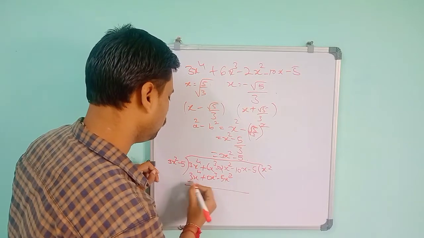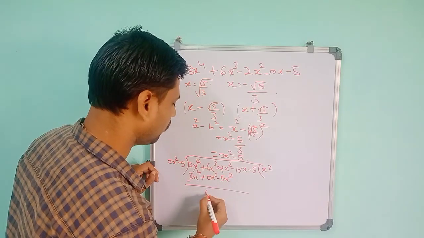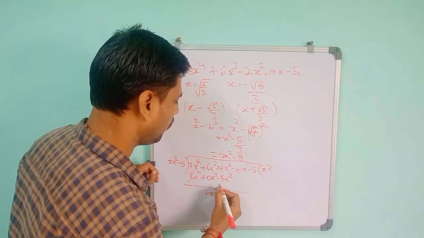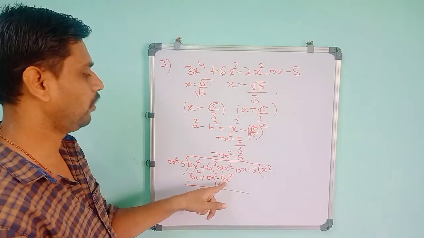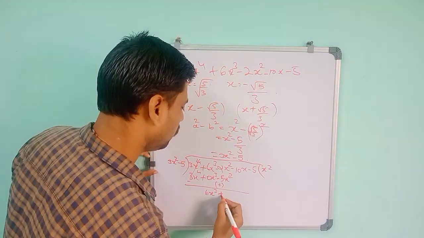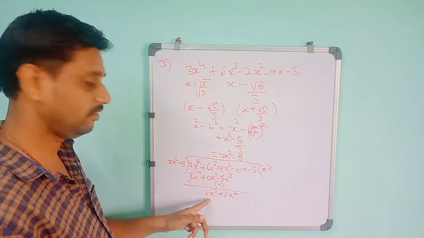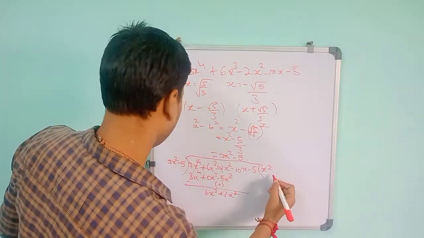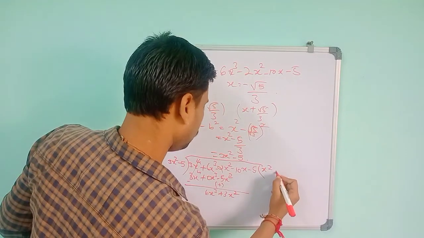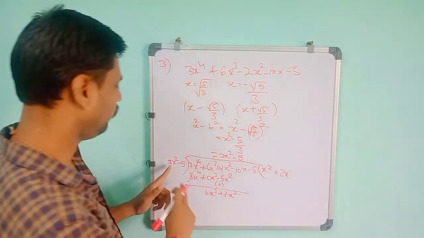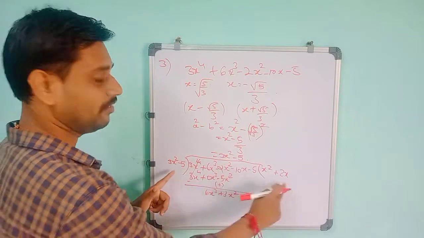Then this cancels. Then 6x cube remains. Then plus 5x square minus 2x square is plus 3x square. So 3x square is there, and you have to make 6x cube: plus 2x, because 3 into 2 is 6 and x square into x is x cube.